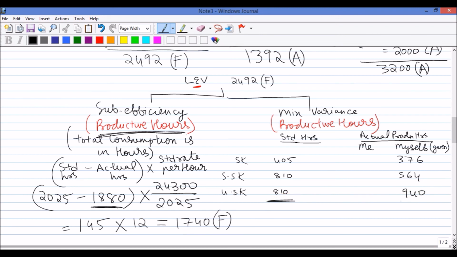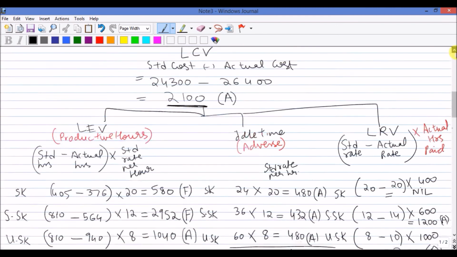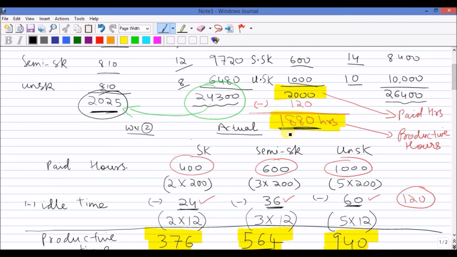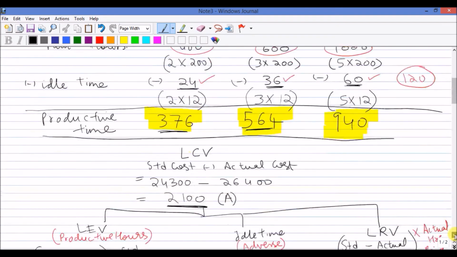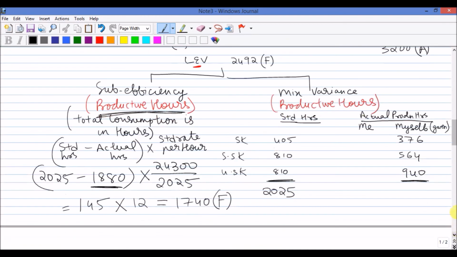Here we are going to take the total. This I remember, it is 2025, and we know our productive hours, it is 1880. If you add also, you'll get the same answer. Now we are ready with it.